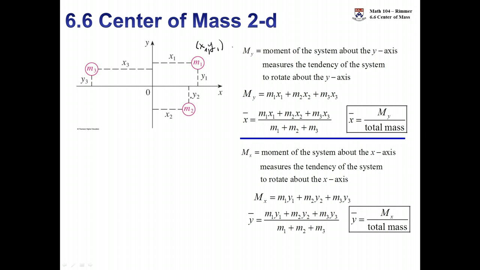And then once again, like before, if we were to multiply both sides by total mass, we get this equation for the y moment and this equation for the x moment. And the interpretation of it is the following.